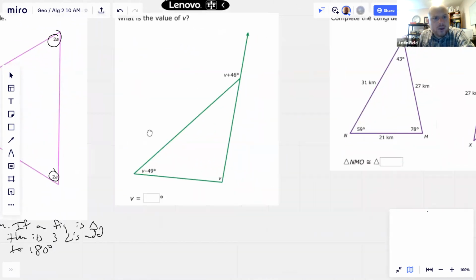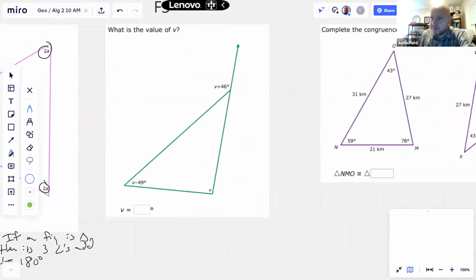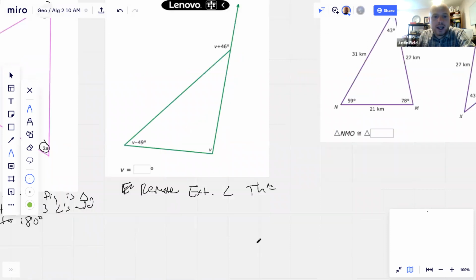And there's another theorem. So here come the theorems. The remote exterior angle theorem. For this, I like to draw a picture.